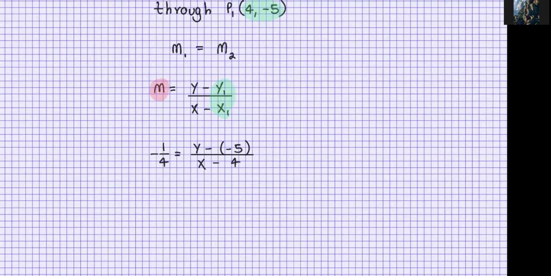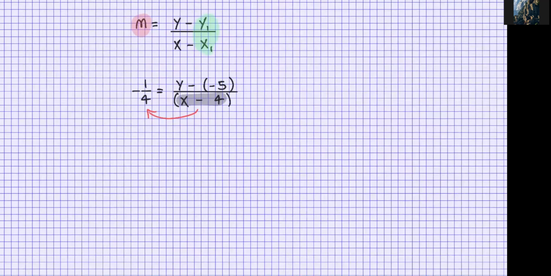We continue the same steps that we have done before. The term x minus 4 is dividing. It will go to the other side multiplying. Negative 1/4 times x minus 4 equals y plus 5.